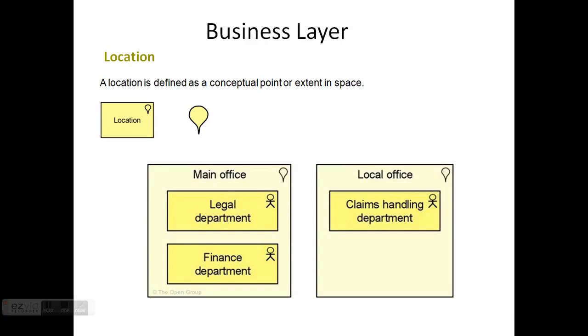This is done directly. Indirectly, a location can also be assigned to a behavior element to indicate where the behavior is performed. So basically, location, as the name suggests, is the place where the behavior is performed.